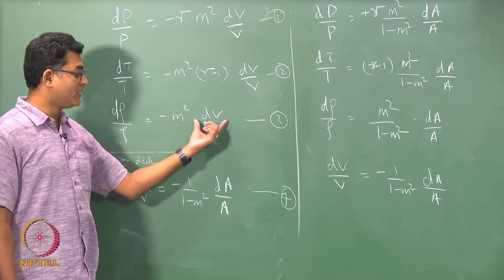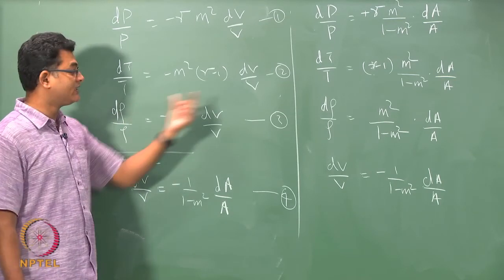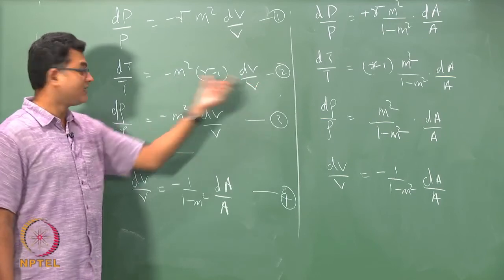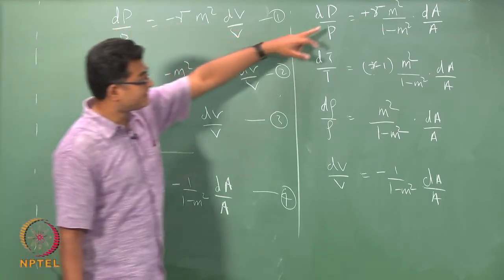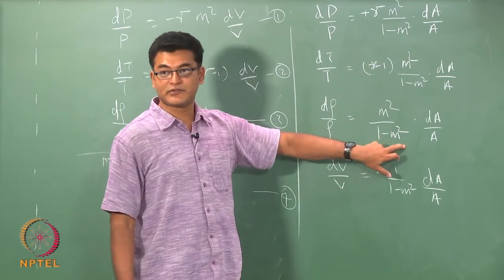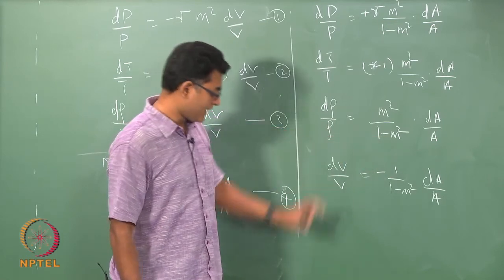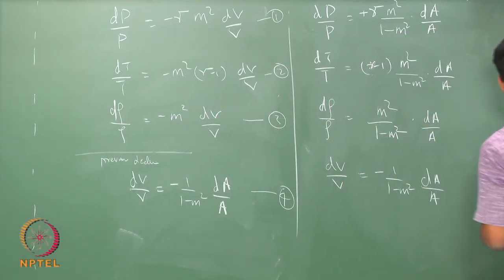If there is a positive change in velocity, there is a negative change in density, and a negative change in temperature or pressure. But when it comes to area, we have a problem because it is 1 minus M squared. So, the relation is going to change depending on the Mach number.